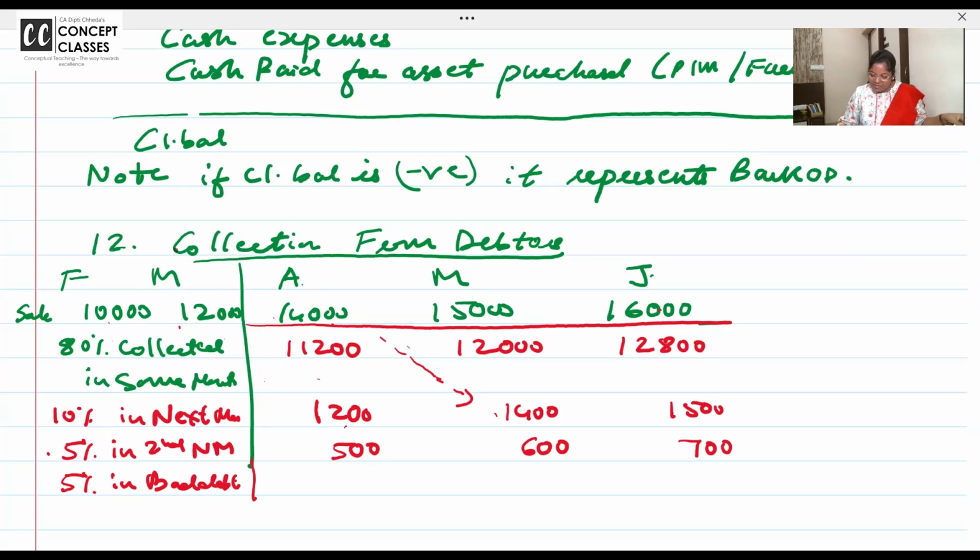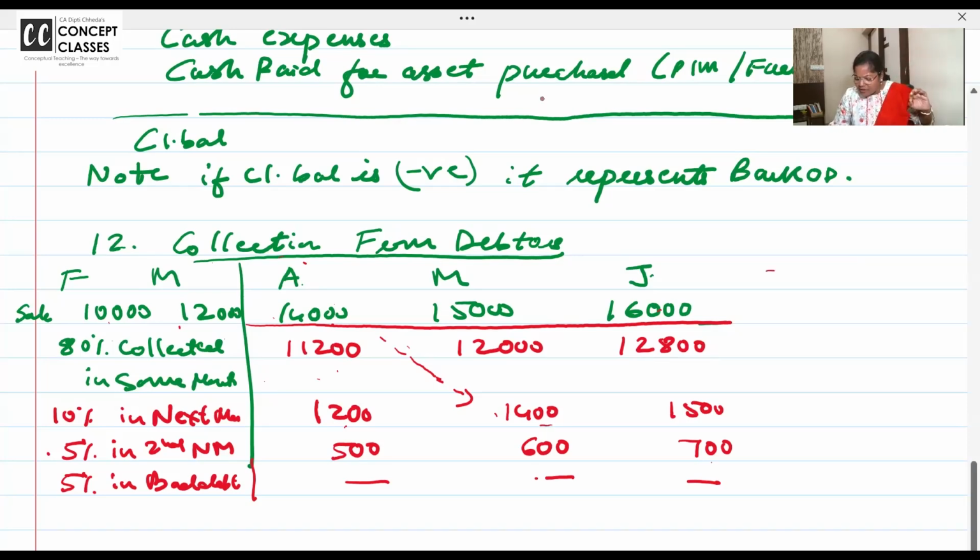Yeah, some answers have come in the chat box. Shall I write the 5% here? Yes or no? Answer is no. Why I should not write 5% is bad debt? What we are seeing collection. Listen, you are my debtor. I have sold you the goods of 14,000. 14,000 का 80% अभी आ गया. 10% next month. 5% next.